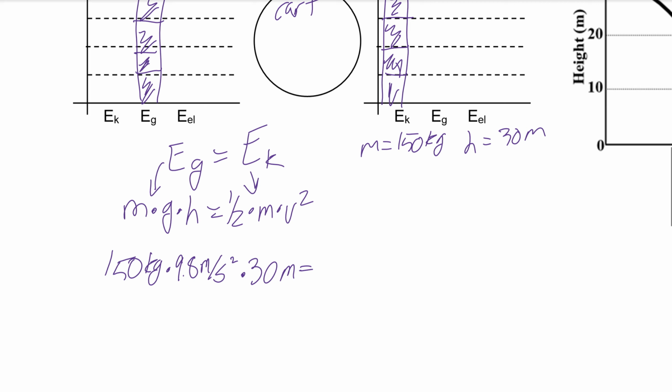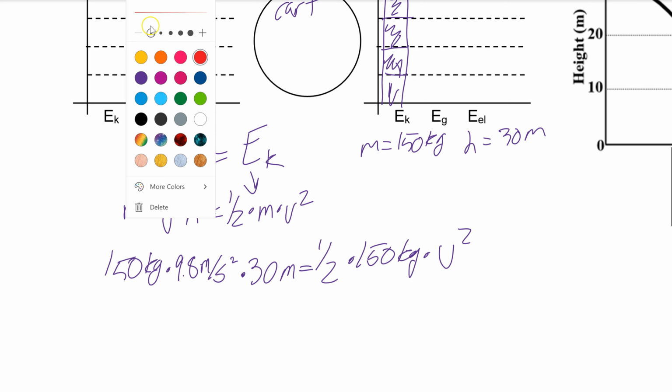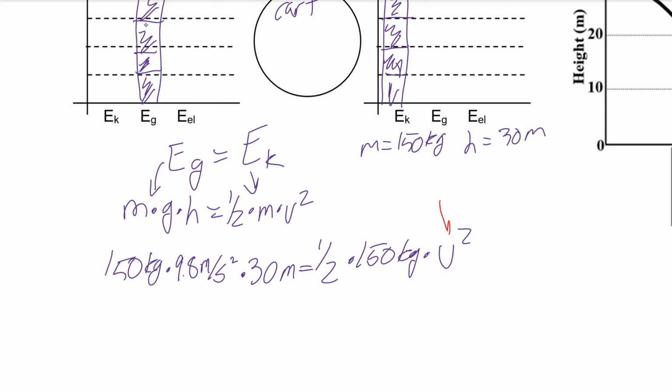So we've taken care of the left-hand side. That equals 1/2 times the mass, which is 150 kilograms, times velocity squared. Now the velocity is what we're going to solve for this time.